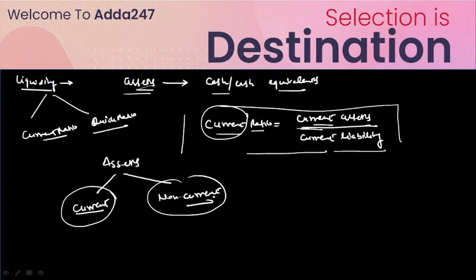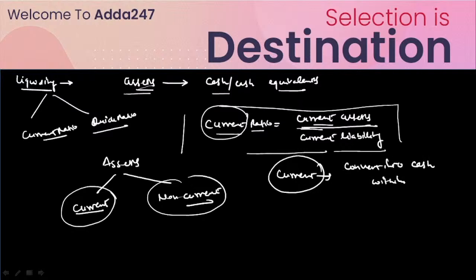Current assets are all those assets that a company expects to convert into cash within a year. That is known as current assets.